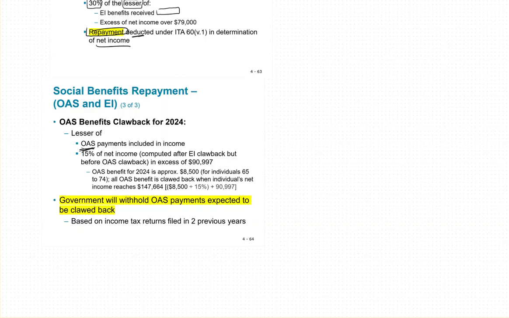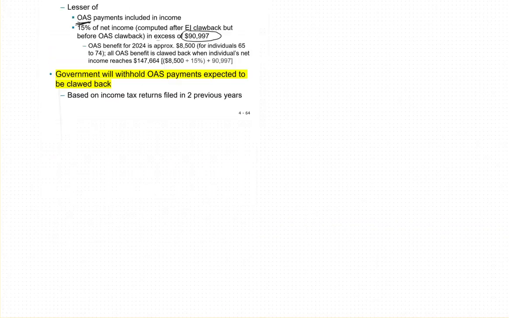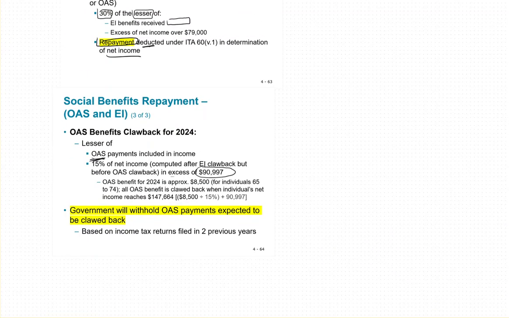If you make in excess of 90,997, you have to make a repayment if your income is more than the prescribed threshold.